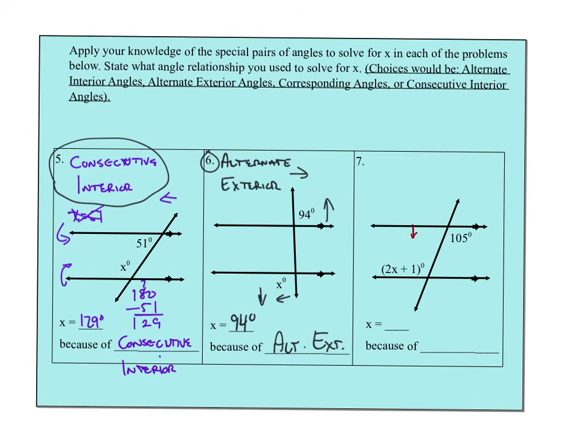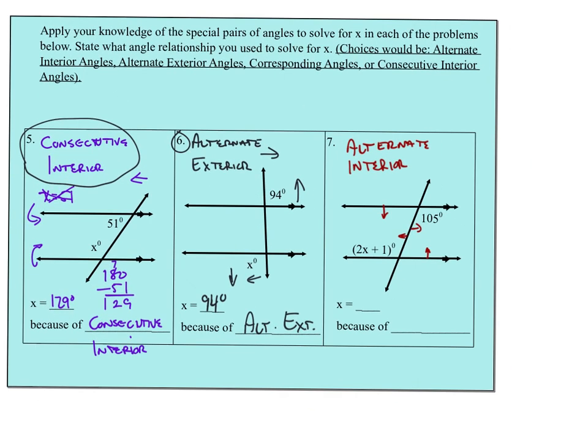Okay, so we are inside again, but we are on opposite sides. So that's going to be alternate interior. So those are going to be congruent. So you're going to have 2x plus 1 equals 105.